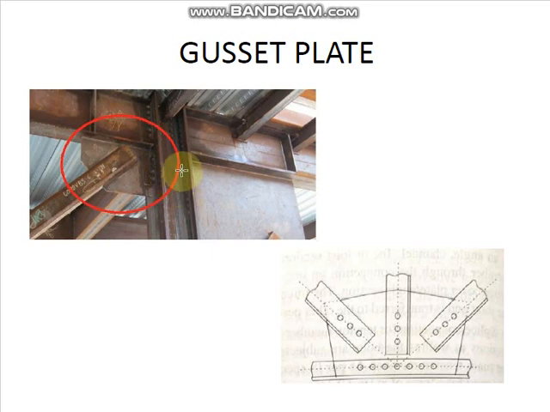The size and shape of this gusset plate is usually decided from the direction of the members meeting at the joint. The plate outlines are fixed so as to meet the specification of edge distance for the bolts used to connect the various members meeting at the joint.